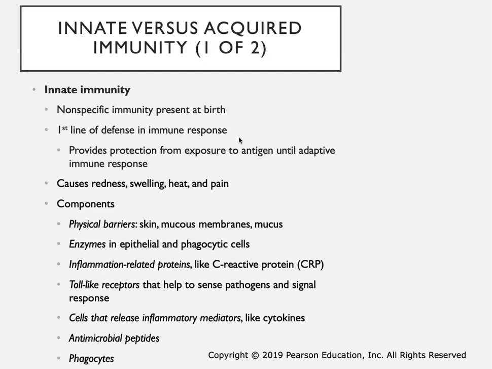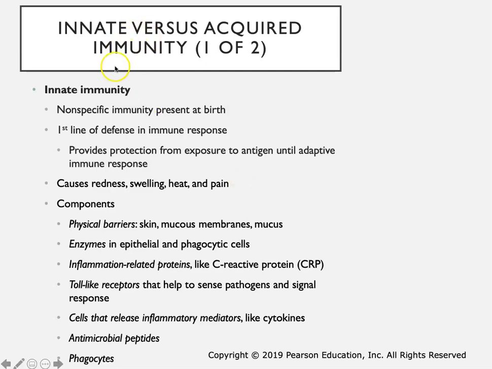You can consider it as your first line of defense in immune response. It will provide protection from exposure to some antigen until an adaptive immune response can kick in. So again, this is the initial first line of defense, okay? Things like redness, swelling, heat, pain, those are all results of innate immune responses, okay?